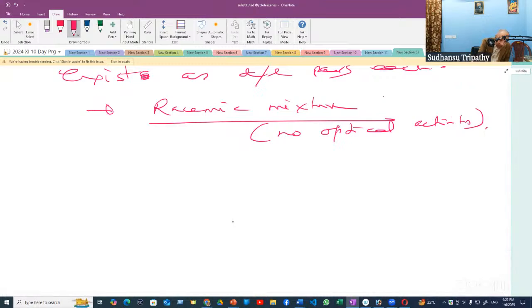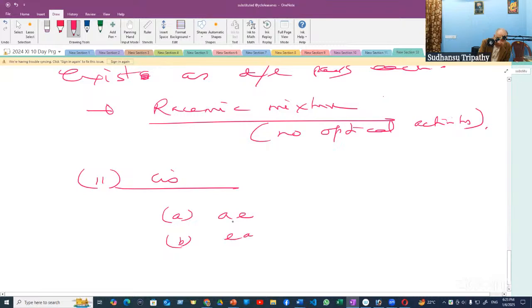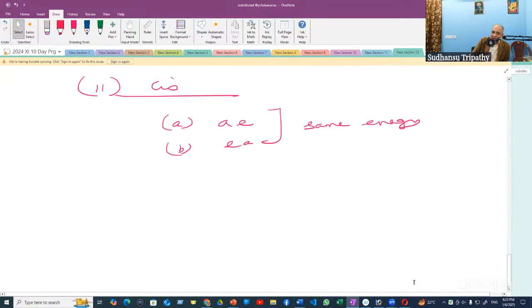Coming to cis. Cis has 2 rotamers, AE, and if you flip it, it will be EA in the same sequence. These are the same energy, equal energy, because each of them has only 2 GBIs for the axial one.